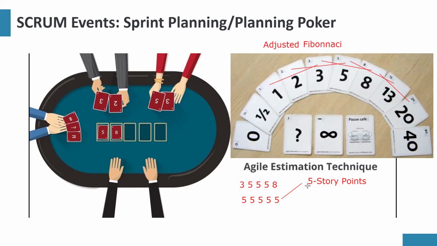Now, when we say this is a 5 story point, we can say that any work similar to the work we just estimated will just come under 5 story points. And this is also called affinity estimating. So that's a strange way they estimate work.